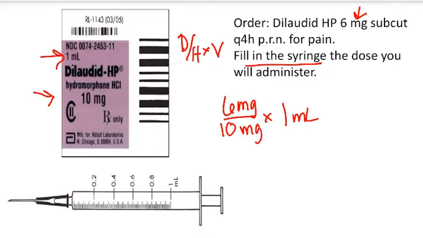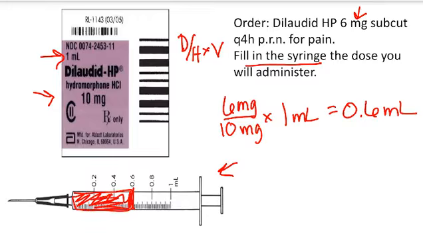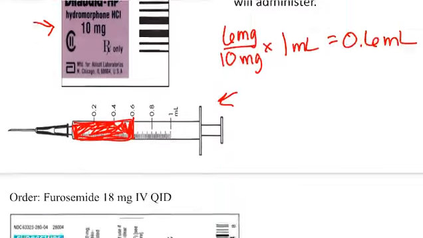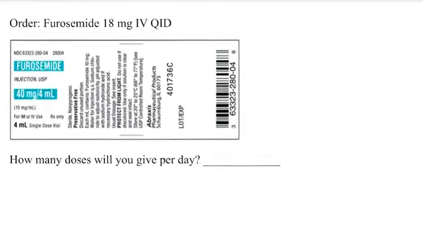It's right there. So I'm going to do 6 divided by 10 times 1, and I get 0.6 milliliters. So now I have to go down to my syringe and find 0.6 milliliters and just color that in. Make it obvious that end point there. Okay, there you go.